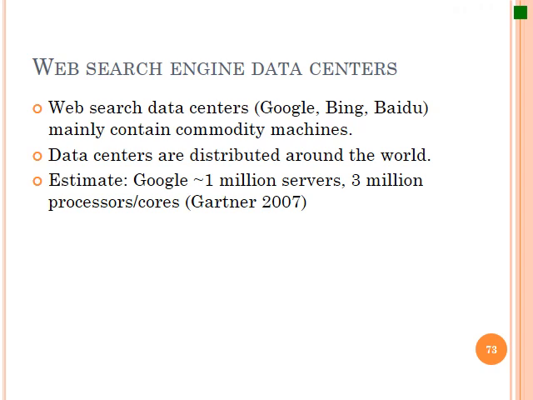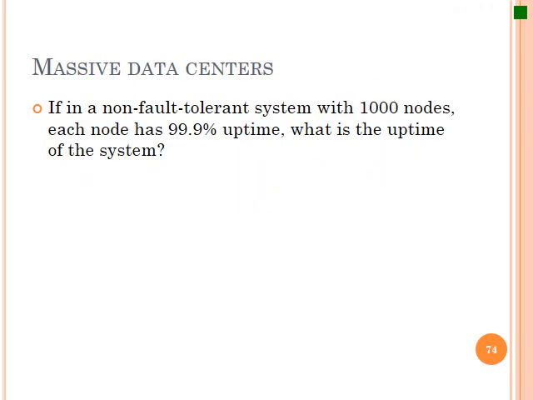For example, by estimate, Google had 1 million such servers, 3 million processors and cores in the year 2007. And now this number may be much more than that. So massive.